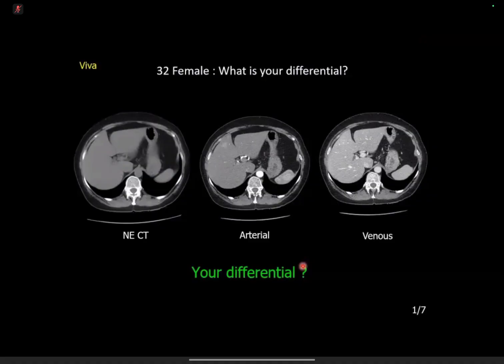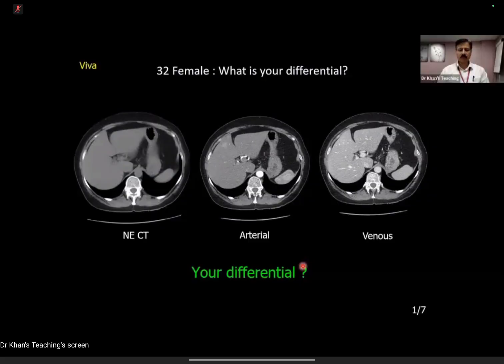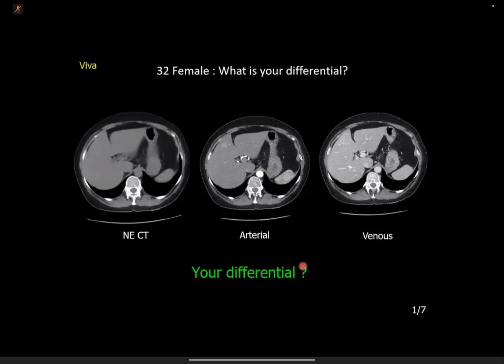A flash hemangioma takes up. What is the definition of a flash hemangioma? Is there a size criteria for that? Not aware of the size, but it's the one which immediately takes up contrast and then gives it up, rather than the classical centripetal nodular enhancement. It just uniformly takes it up and then gives it back.